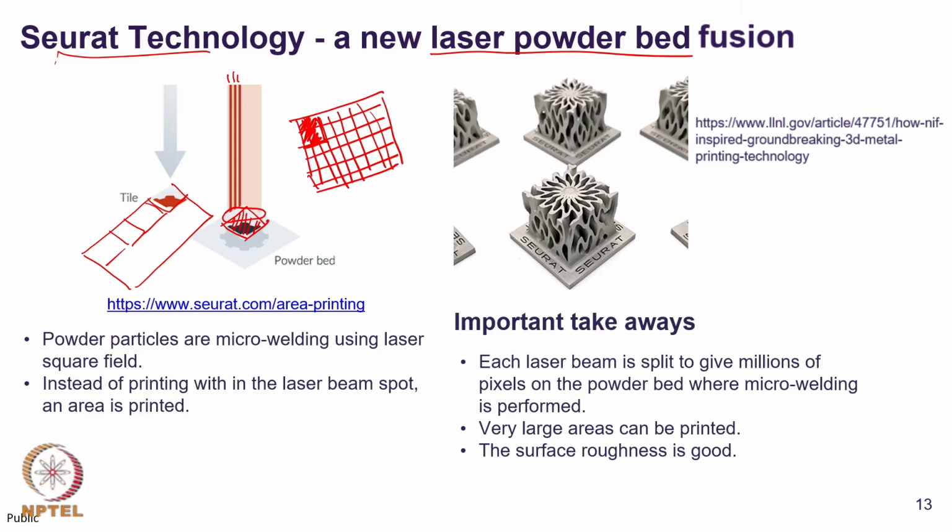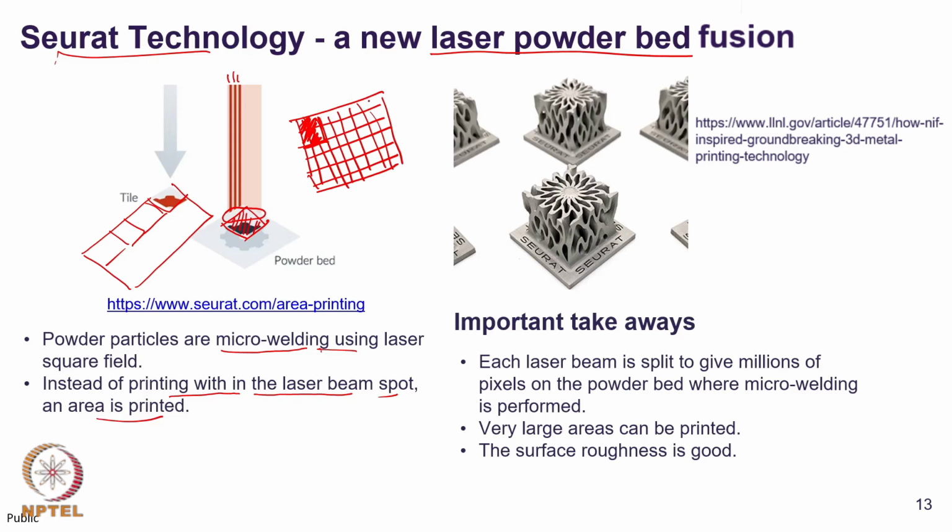The process essentially works like a micro welding process. Instead of the whole powder particle being fused, it only is welded with the layer which is underneath it. And as you can see, the printing essentially does not happen along the whole laser beam spot, but it happens along the millions of smaller laser beams which have been split out of the initial laser beam.